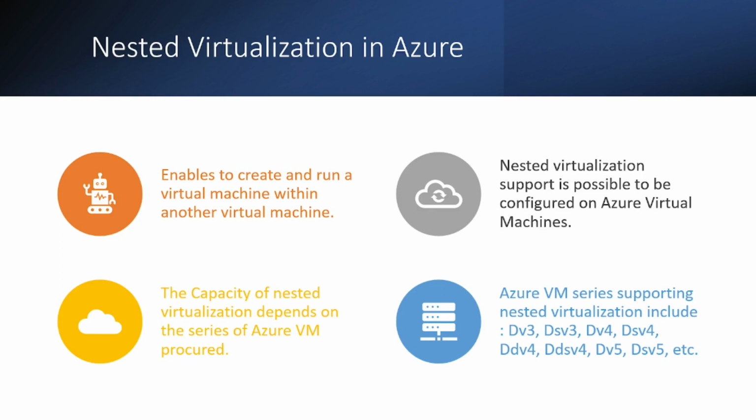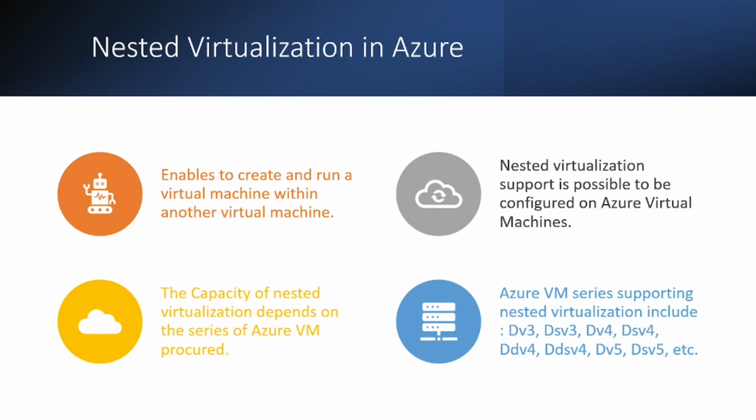Now, it is very important to understand that nested virtualization is not supported on all Azure virtual machines. There are some series of Azure virtual machines on which nested virtualization is supported.